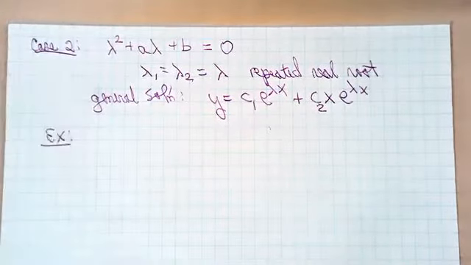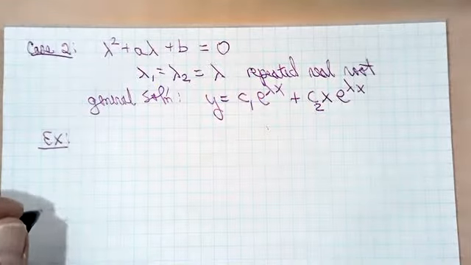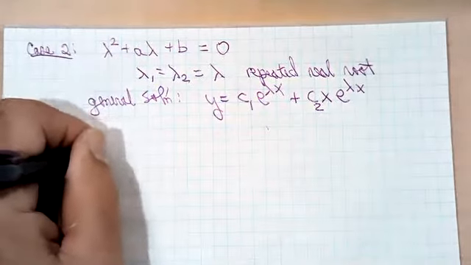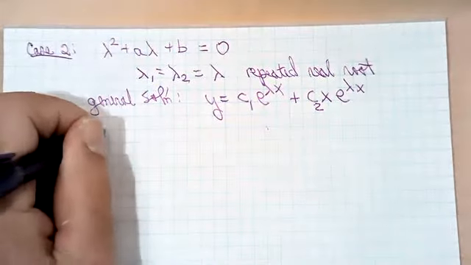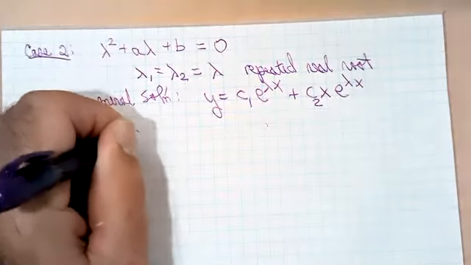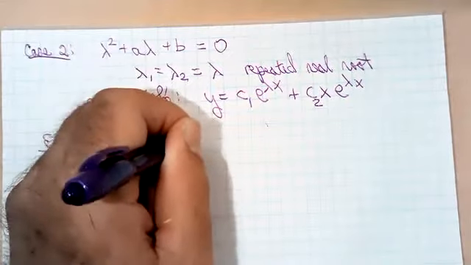So again, I could say some things theoretically, but I'm not sure that it would be nearly as helpful as just doing one of these. So suppose we had y double prime minus 8y prime plus 16y equals 0.